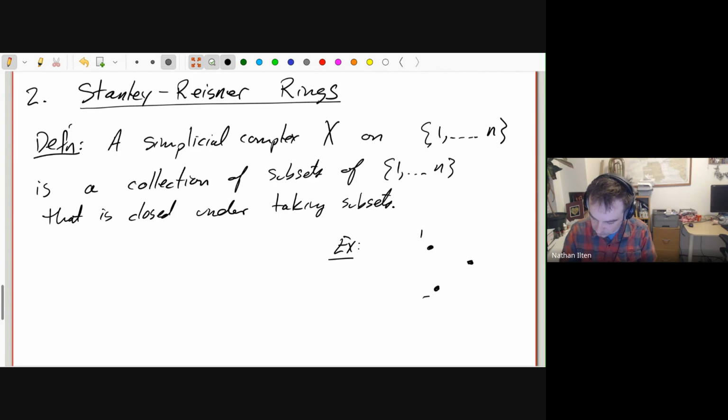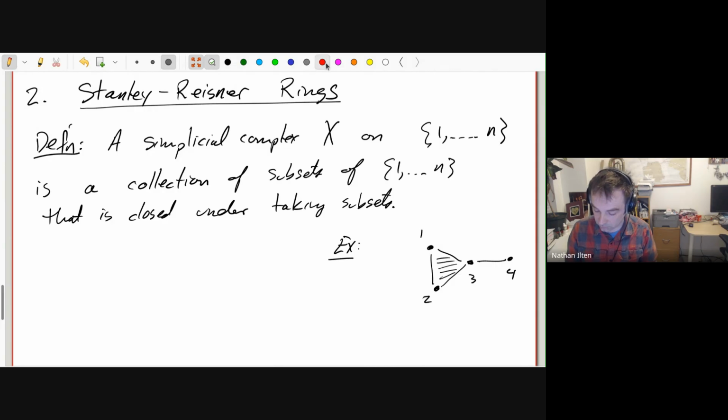And so here's 1, 2, 3, and 4. And I'm going to draw in this picture all the things that belong to X. Okay, so what sets belong to X? So each of the singleton sets, 1, 2, 3, and 4, belong to X. So do the sets with 2 elements, 1,2, 2,3, 1,3, and 3,4.